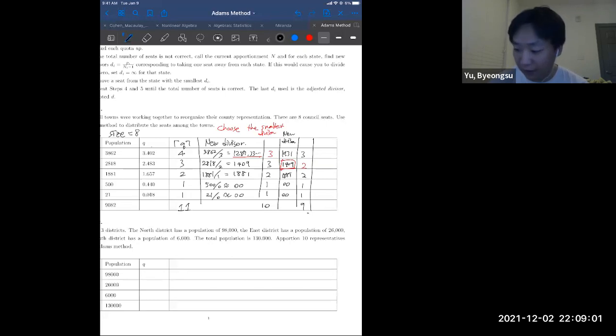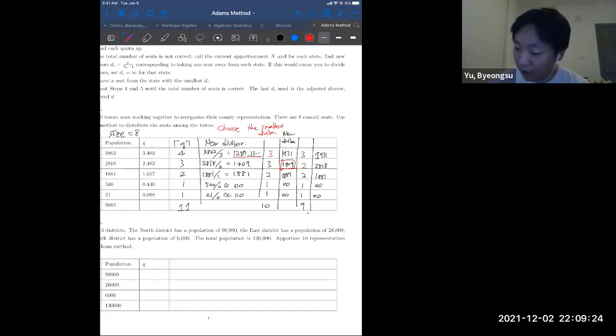In this case, all divisors shall remain the same, but the divisor of B should be changed into 2818, because it is 2818 divided by 2 minus 1, which is just 1. That's why we get just the population. The others are the same.